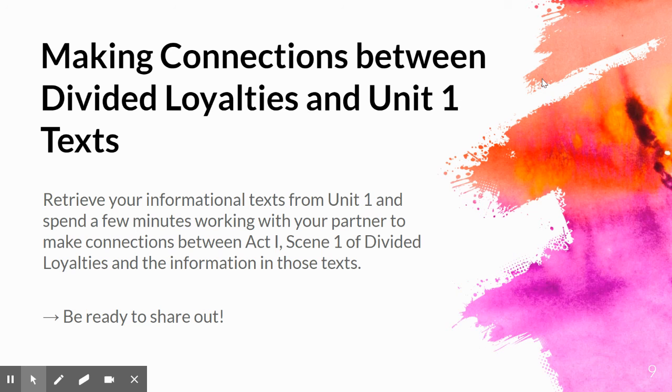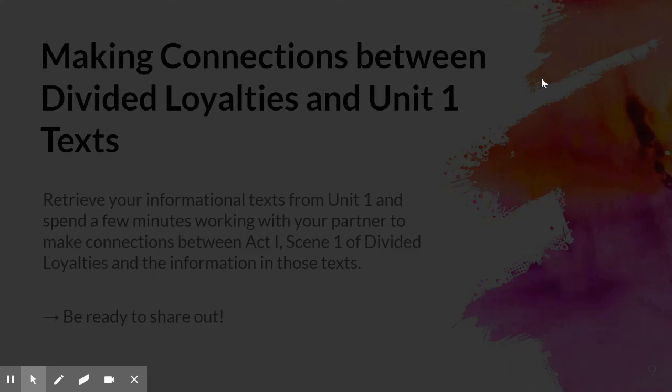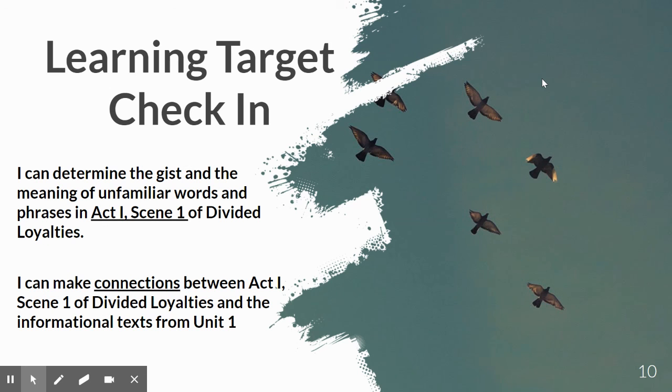Class will discuss these later; at home, you just need to think about them. Let's check in on the learning targets one more time. I can determine the gist and meaning of unfamiliar words and phrases in Act 1, Scene 1 of Divided Loyalties, and I can make connections between Act 1, Scene 1 and the informational text in Unit 1.